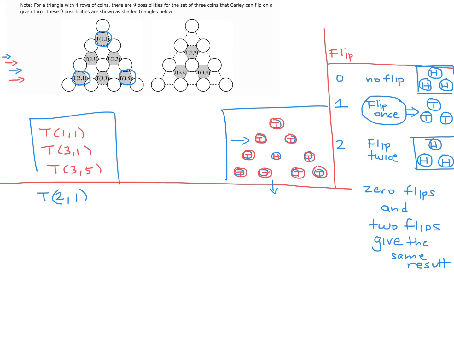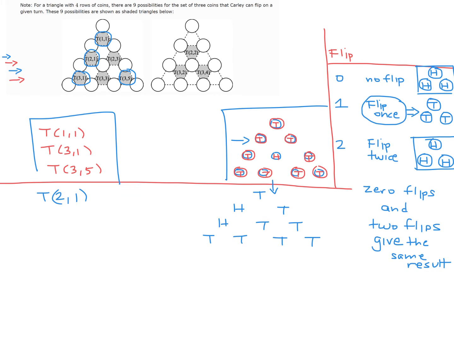If we do T21, then we will flip those three, so it'll become HHT, and then everything else remains the same. T, right? Let me just make sure I did that correctly. Okay, so then we took care of this guy. Have we won so far? No, we haven't. Okay, let's do something else.